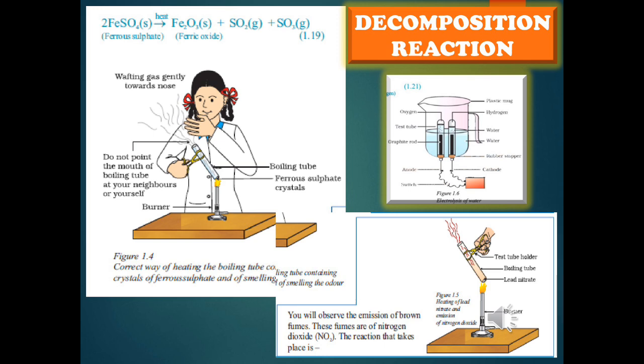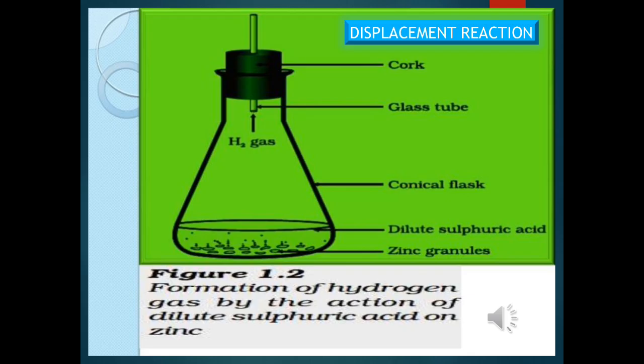Another one, the third one, is when lead nitrate is heated, nitrogen dioxide brown color vapors are formed with the release of oxygen gas. So these are the three decomposition reactions in which a single substance splits into two or more substances.